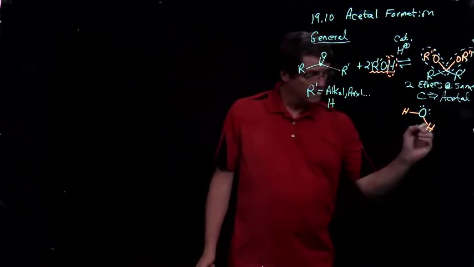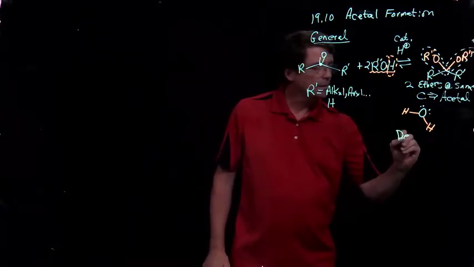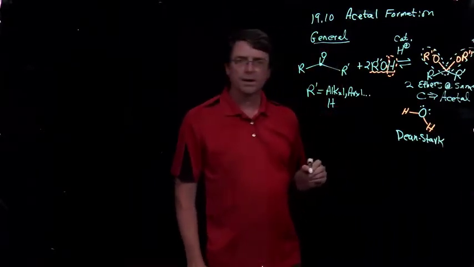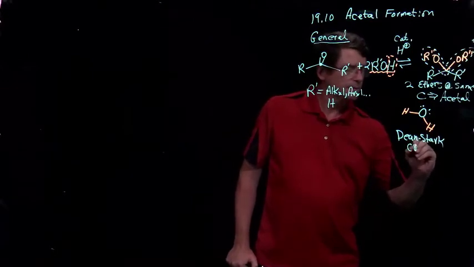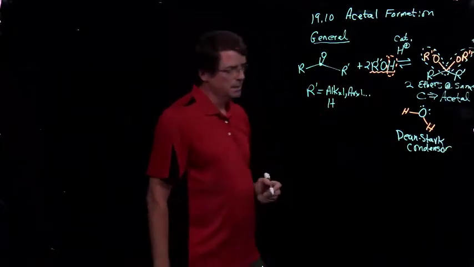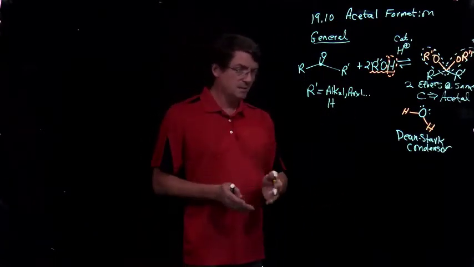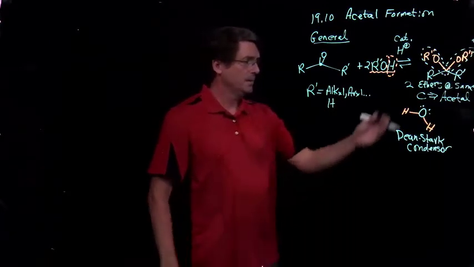One of them is to distill it off. And if we do that, we use an apparatus called a Dean-Stark condenser, which allows us to evaporate or boil off the water. Usually it's actually an azeotrope, and then the Dean-Stark condenser allows the azeotrope to separate, and we can remove the water.